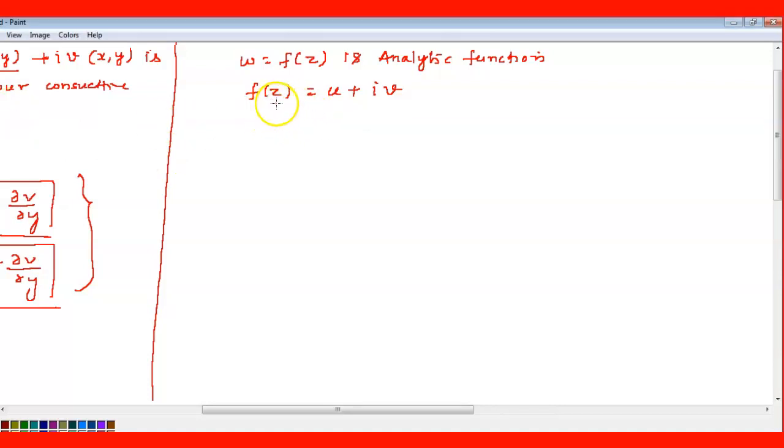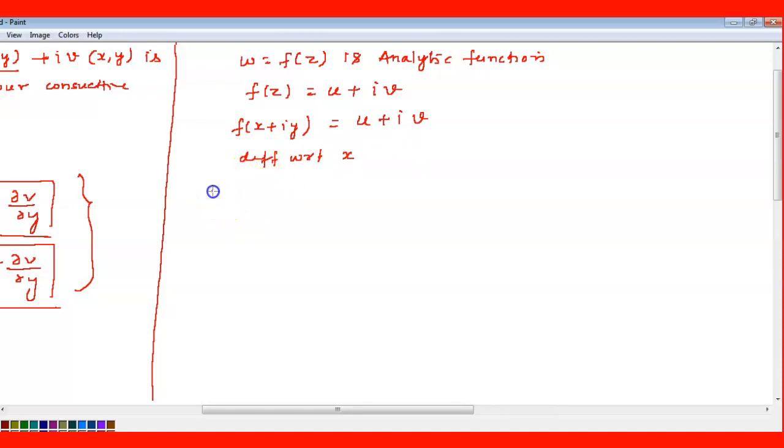So f of z is equal to f of x plus iy, right? In the place of z I can write x plus iy. And this one, if you write as it is, u plus i into v. Now differentiate this with respect to x.